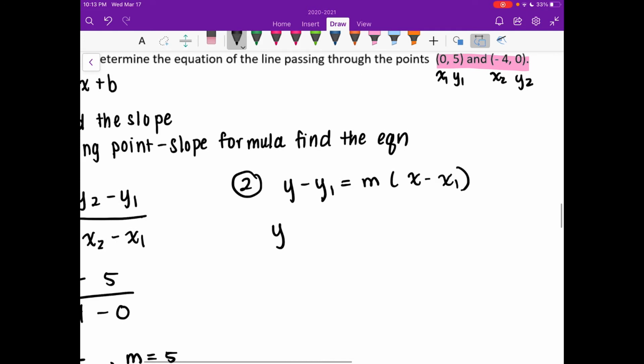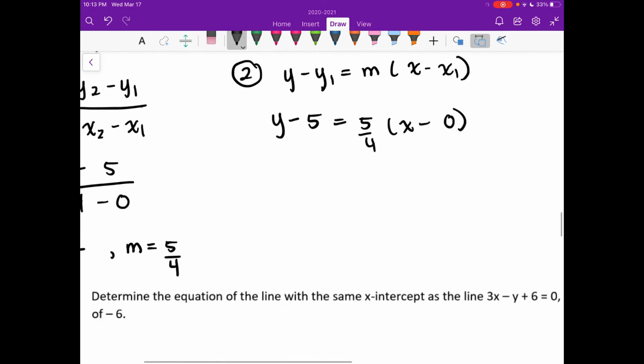So y minus 5 equals 5 over 4 times x minus 0. You're just distributing it in. 5 over 4 times 0 is just 0, so I'm not even going to bother adding that in.